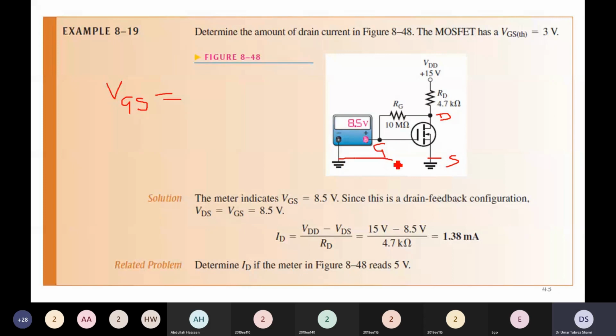The ground terminal is connected to the source. So this voltmeter is providing us the voltage between gate and source, and it is equal to 8.5 volts. Under this condition, we have to find the value of ID, the drain current.